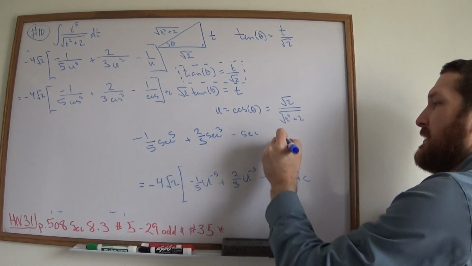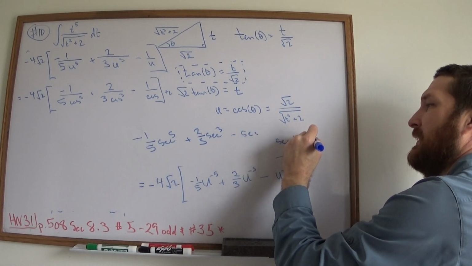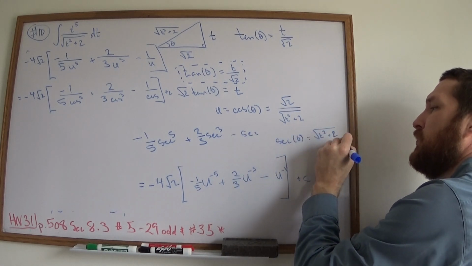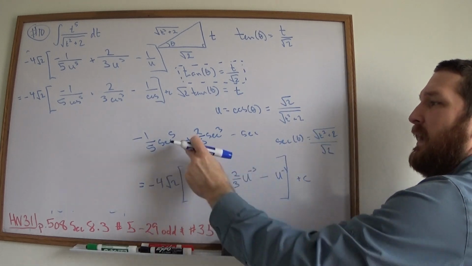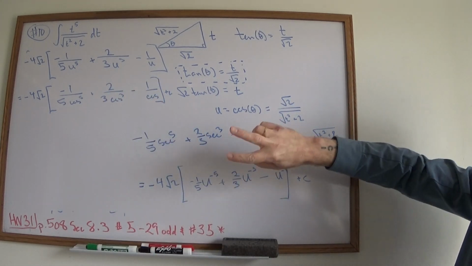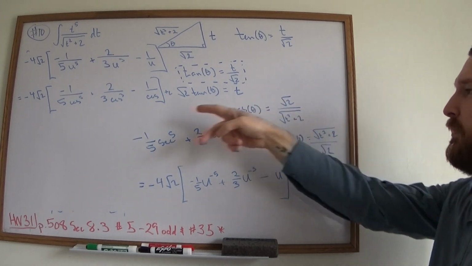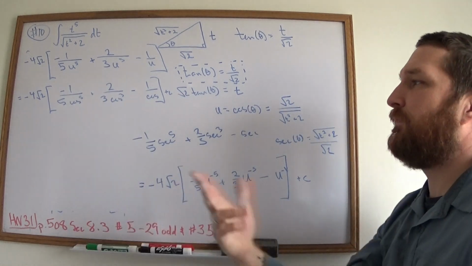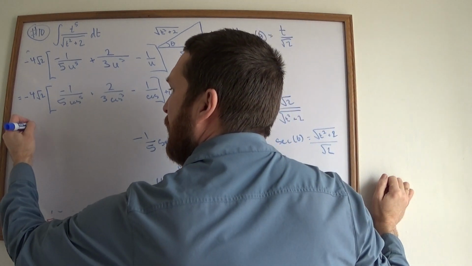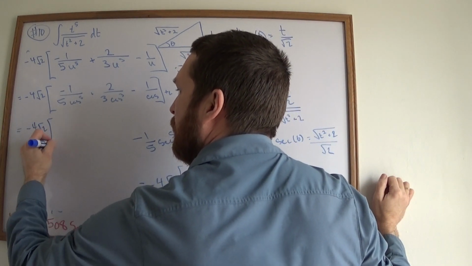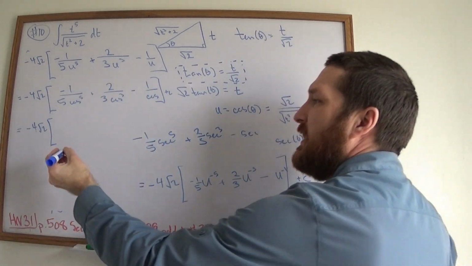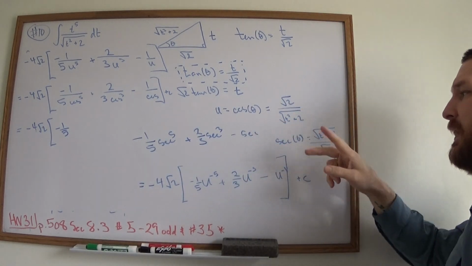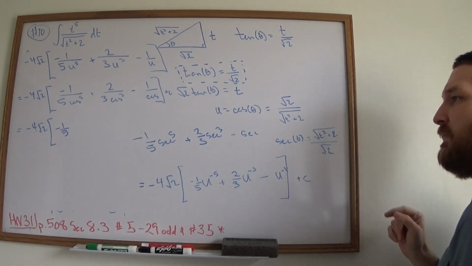And then secant theta is just 1 over that: there's my t squared plus 2 over root 2. And then I could just replace each of those, however you want to think about it. I like to think about it as you plug that in at the bottom, take it to the 5th power, and then it flips up. Minus 4 root 2. So I'm going to write that as negative 1/5, and then flip that and make it to the 5th power.